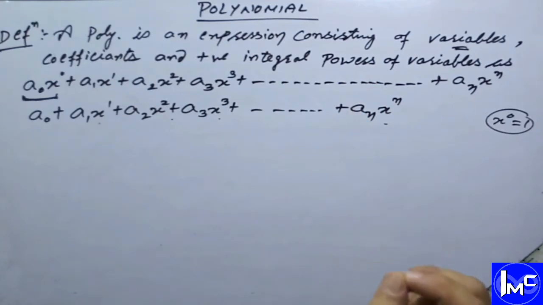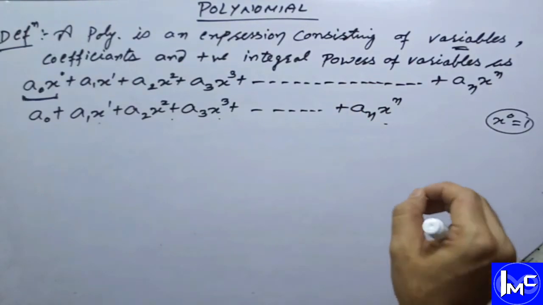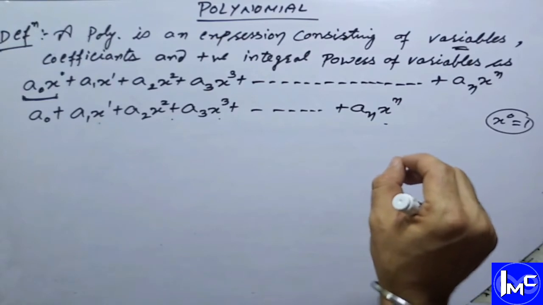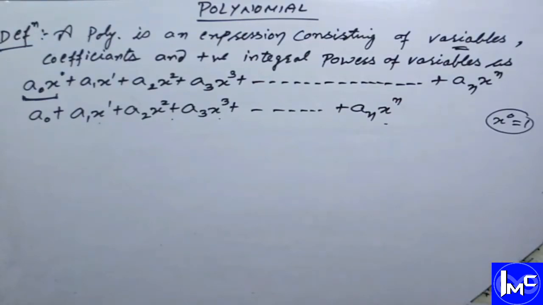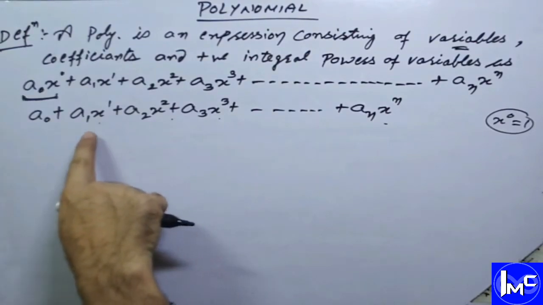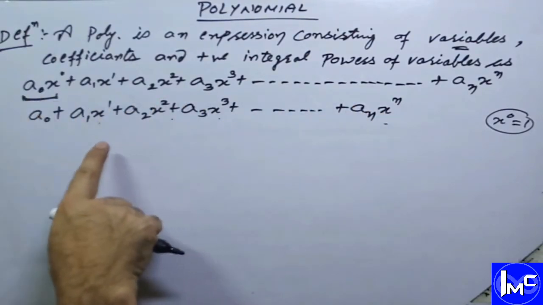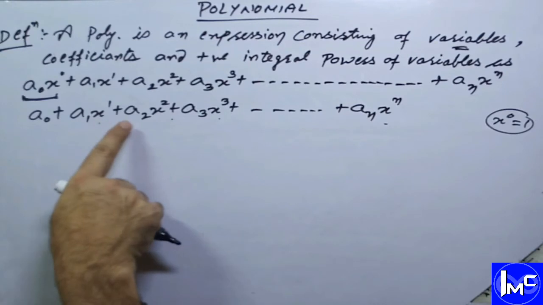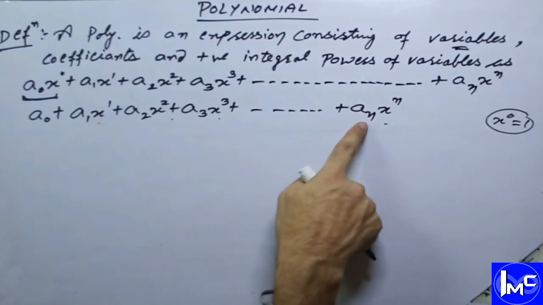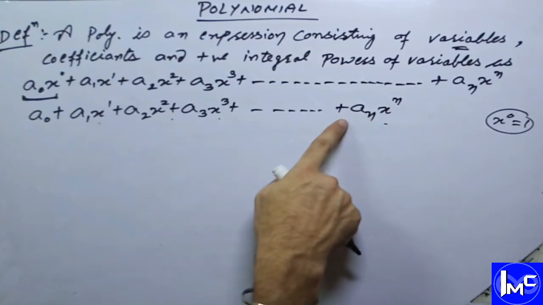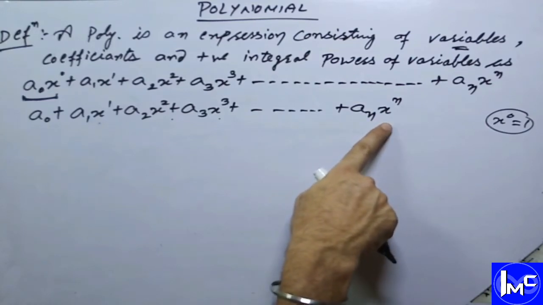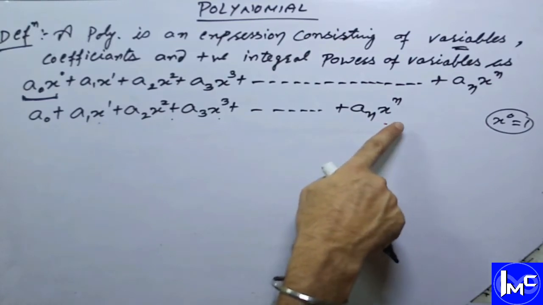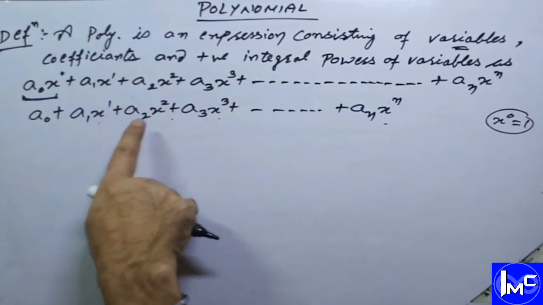This is a main feature of a polynomial, that the power of the variable should be a positive integer. And this expression can be seen as a sum of products. Each term is the product of two things, that is a number and a variable. And this is a polynomial in a single variable.